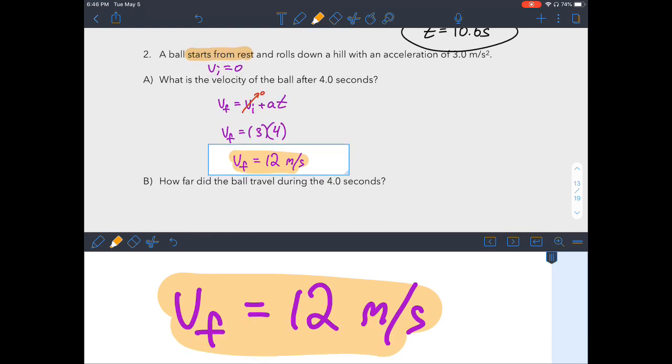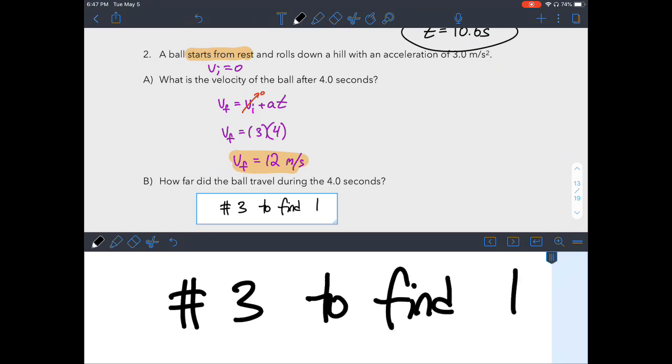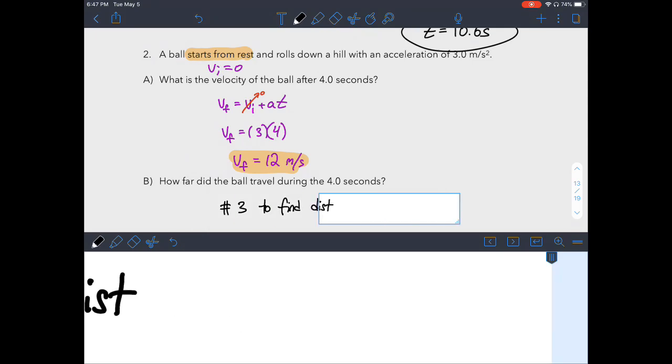But part B, we want to know how far it travels. Before I introduced these 2 new equations, we didn't have a way to find distance when you have an object that's accelerating. But now, equation number 3 is really, really nice because we can find distance when it comes to accelerating objects. So use number 3 to find the distance traveled.